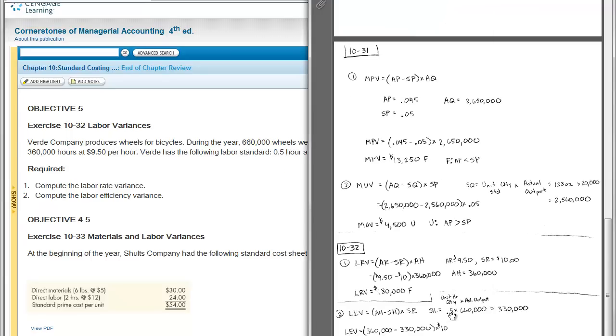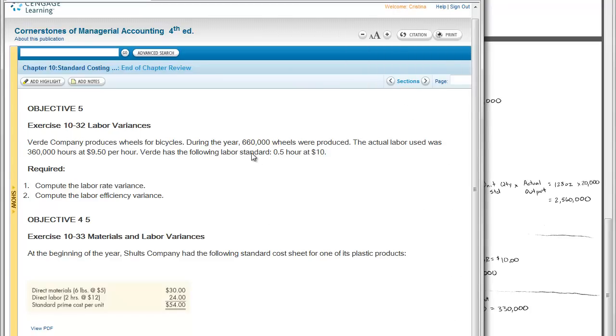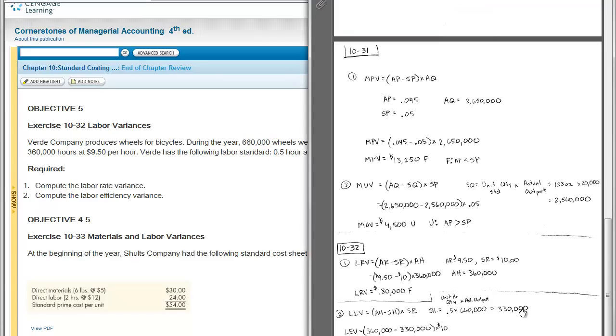So we can plug that in and multiply by the actual output of 660,000. Again, just grabbing that right from the problem. And see that multiplying that out gives us 330,000. Now we have all three pieces to solve the equation. So plugging everything in, we can make that calculation, and we see that the labor efficiency variance is 300,000.